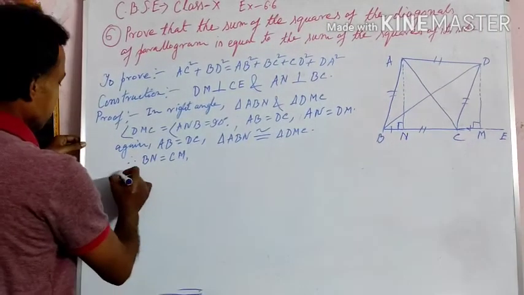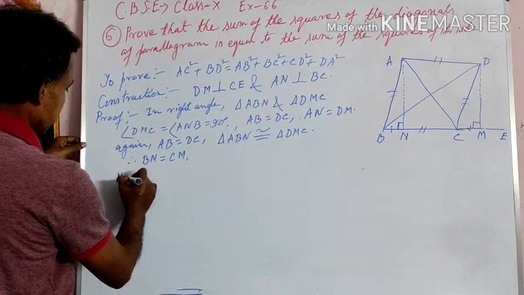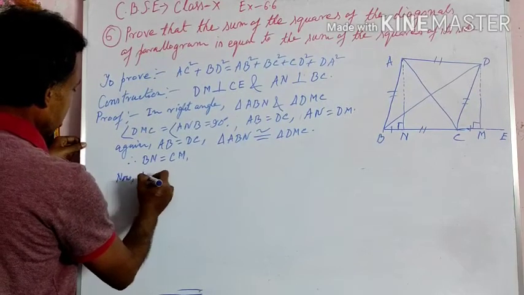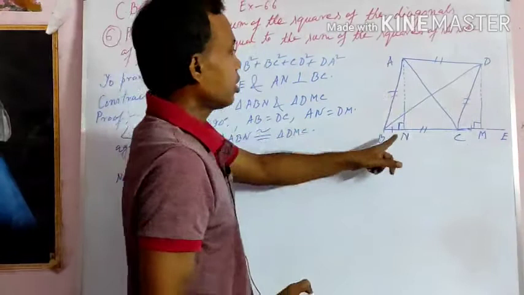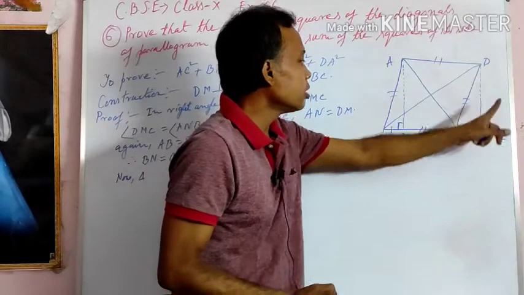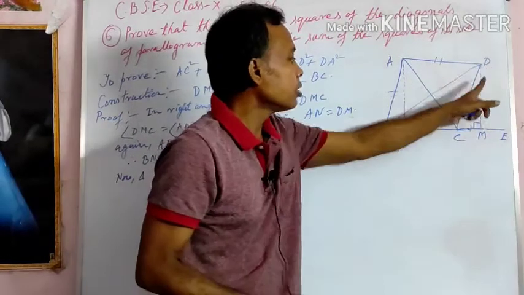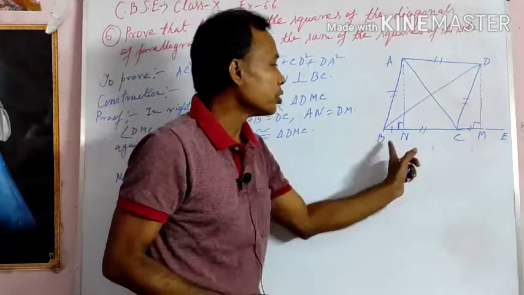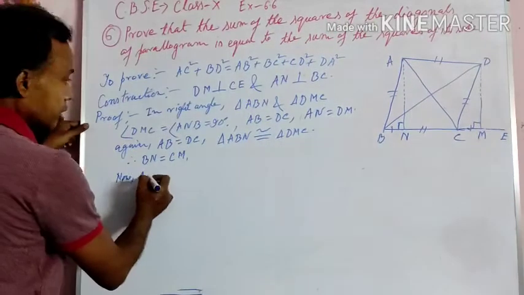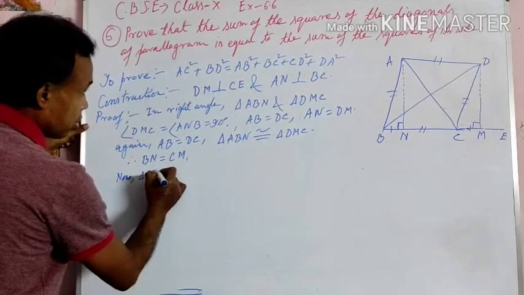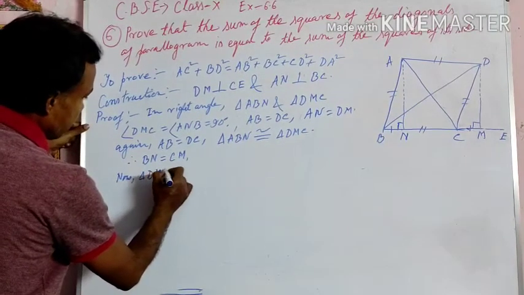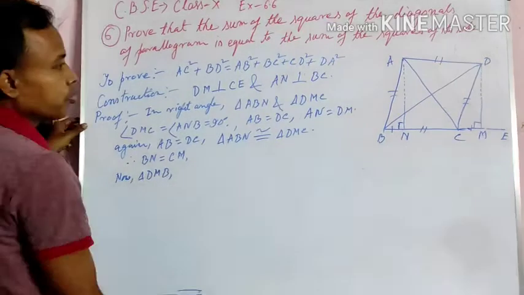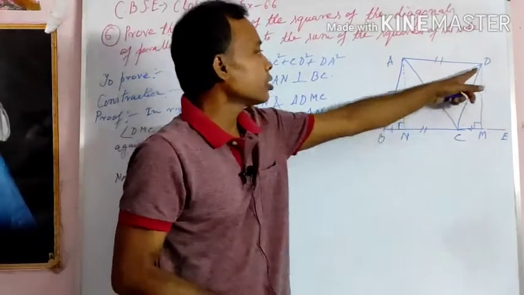Now, in right angle triangle DMB, right angle at the point M, applying Pythagoras theorem, this is the diagonal square.